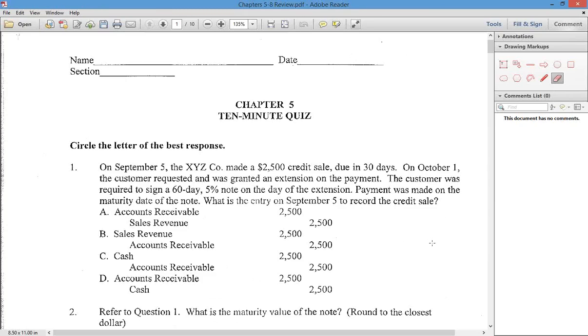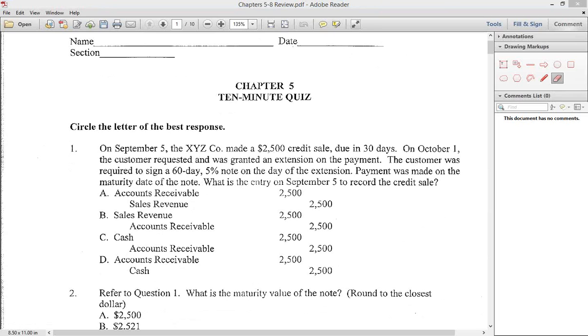It wants to know, what is the entry on September 5th to record the credit sale? A, B, C, or D? A? I like your A.